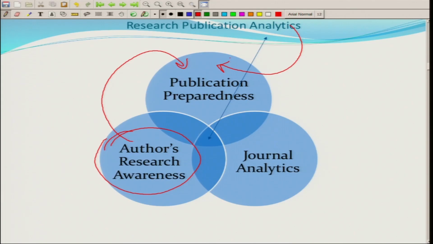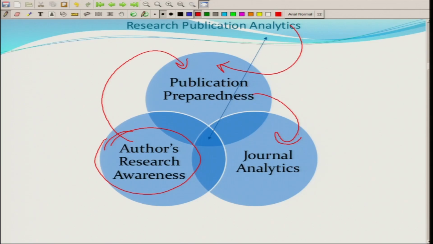So these analytics are very important, as I'm defining, and then in publication preparedness, the author has to be fully involved, with understanding of the journal factors, norms, and language requirements. Then the author has to move to understand the journal analytics in terms of the journal's reputation, impact factor, indexing, and publication period, which we will be discussing further in this course.